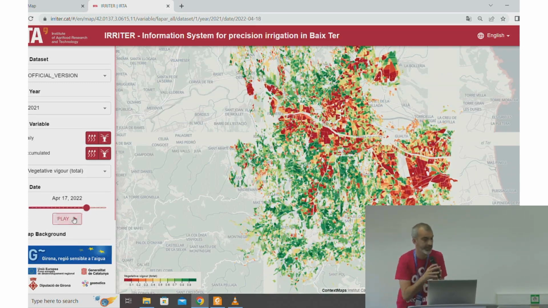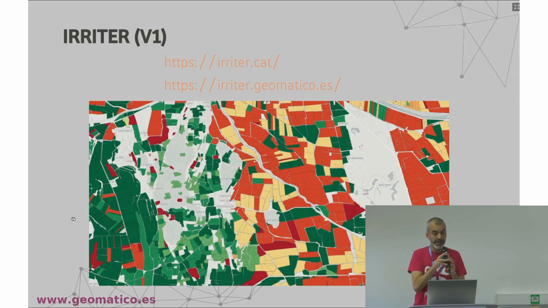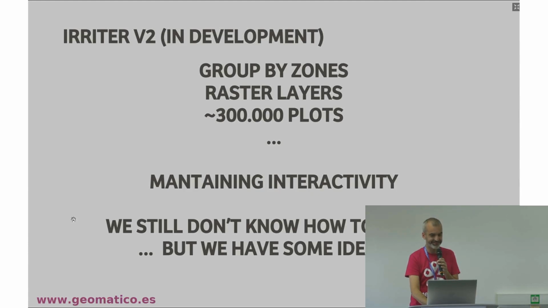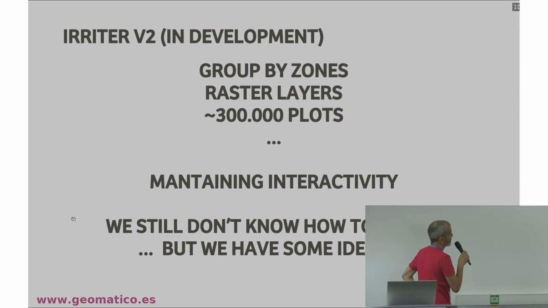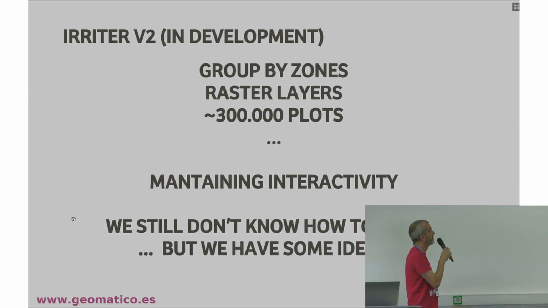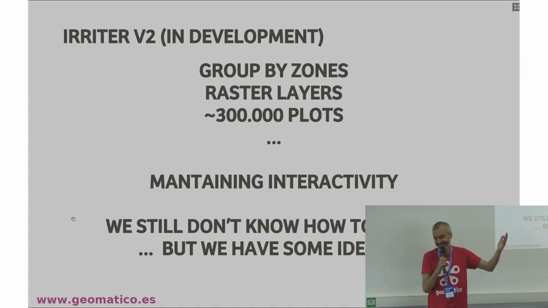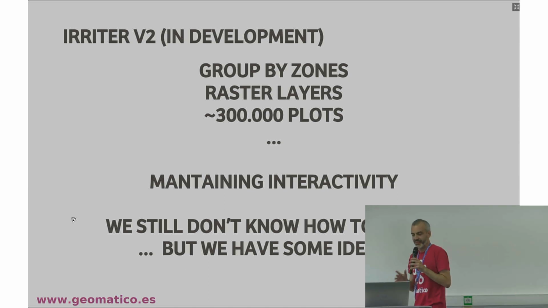We will have to do a second version of this agriculture project, Irriter, where we will have 300,000 plots, so it will be another challenge.